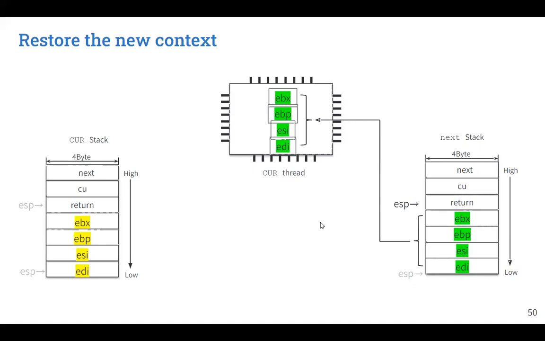So these register values are the register values from when we were running the current thread, and these other values are the register values from when we were running the next thread, yeah.